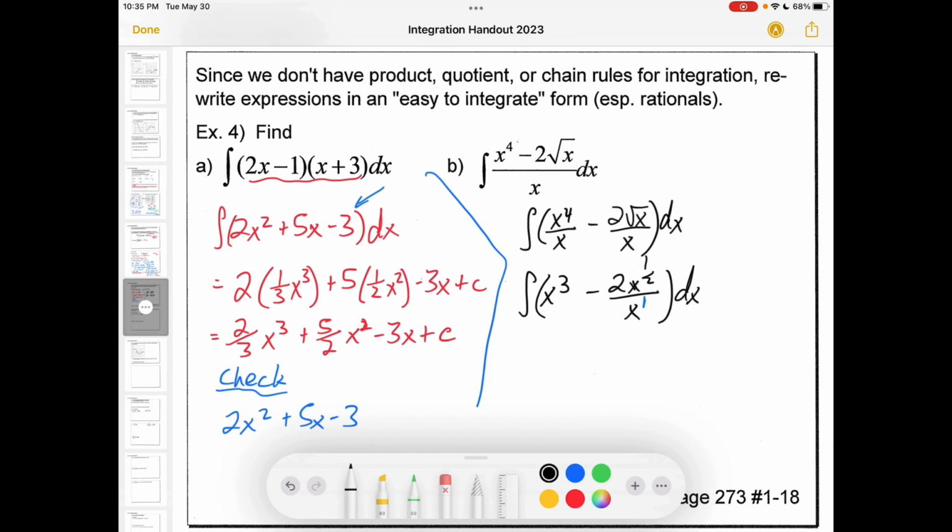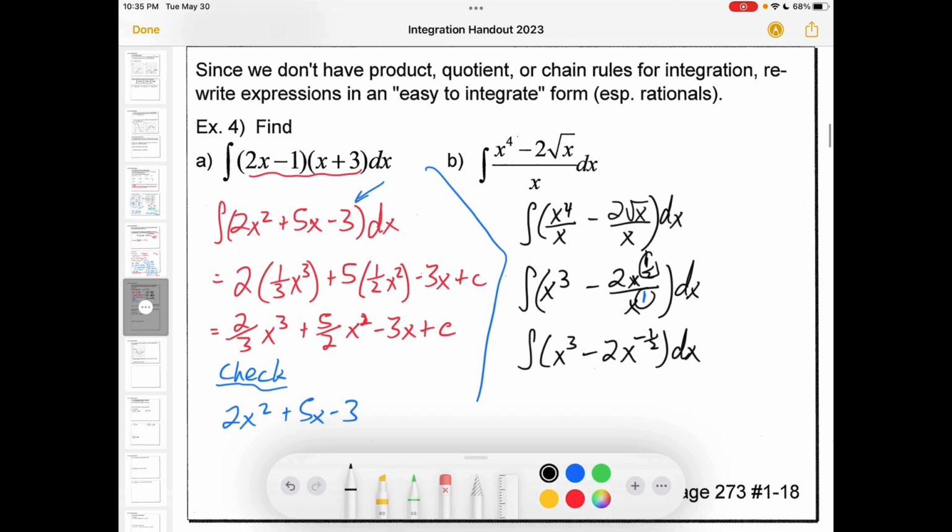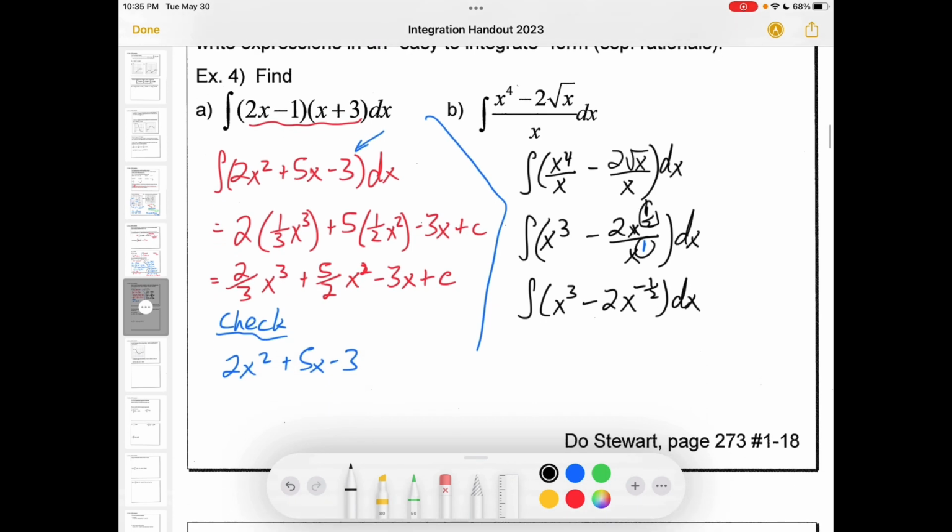Oh dear, I had the eraser on. Subtract these two powers. And so we'll get the integral of x cubed minus 2 x to the negative half. And now we're ready to integrate. They're in better form. We haven't integrated yet, so power goes up by 1, flip of the new power in front. Coefficient stays.